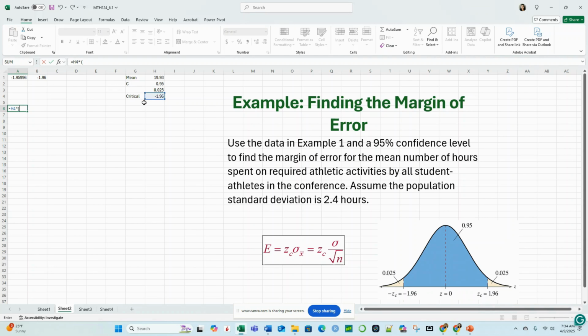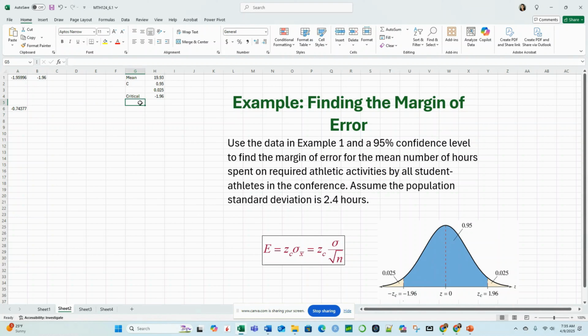Sigma is 2.4, divided by square root of n. N is 40. And we have to type the two parentheses in order to input it correctly. Then you will see that we found the marginal error is negative 0.74.